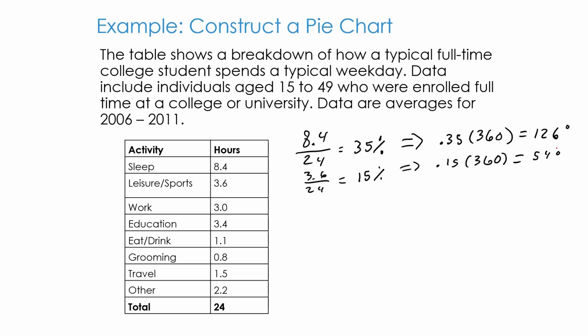Work is 3 out of 24. And they only spend 12.5% of their time working. So the size of the wedge that corresponds to work should be 0.125 times 360. 45 degrees.